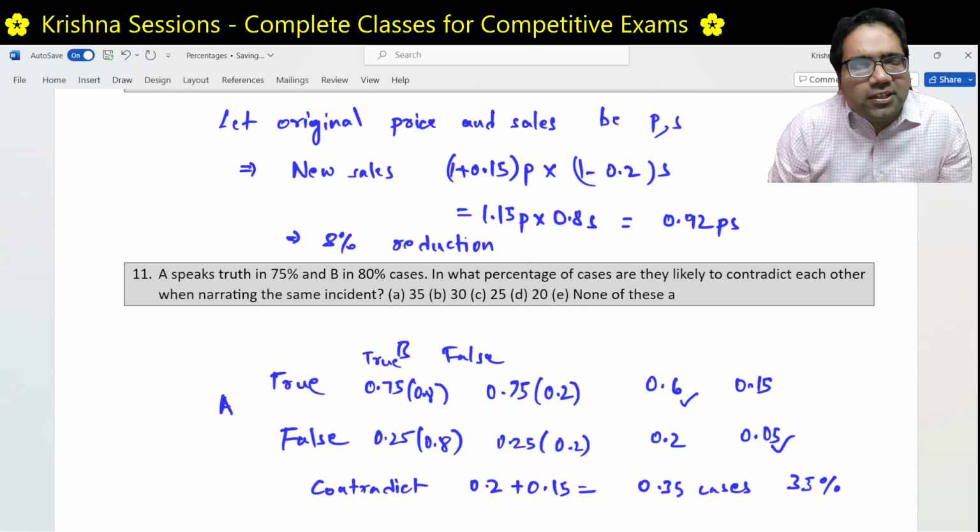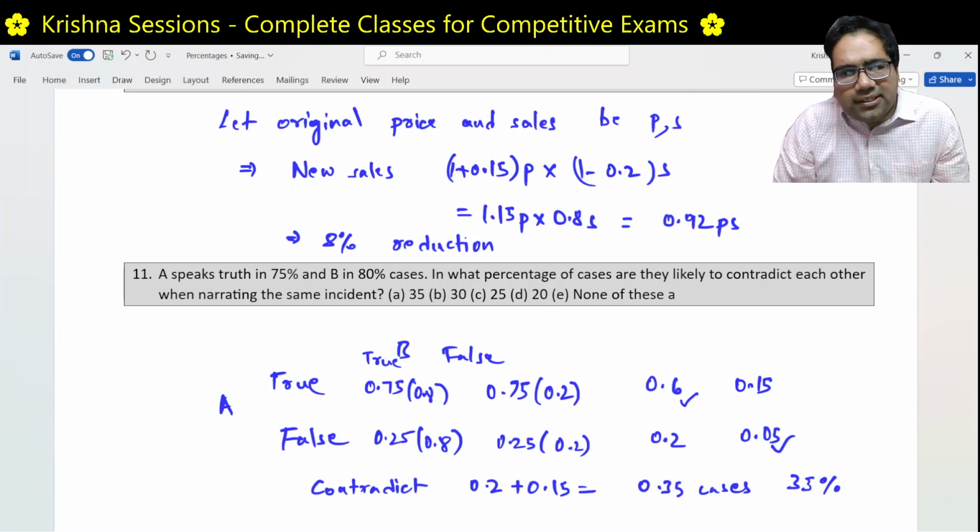So none of them speaks the truth always. A speaks truth in 75% of cases and false in 25% of cases. B speaks truth in 80% of cases and lies in 20% of cases.